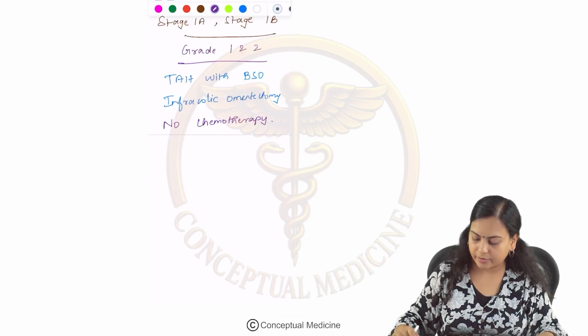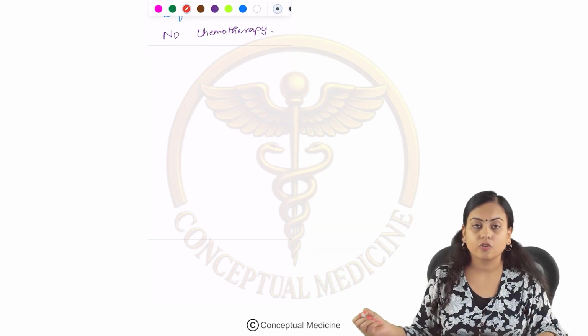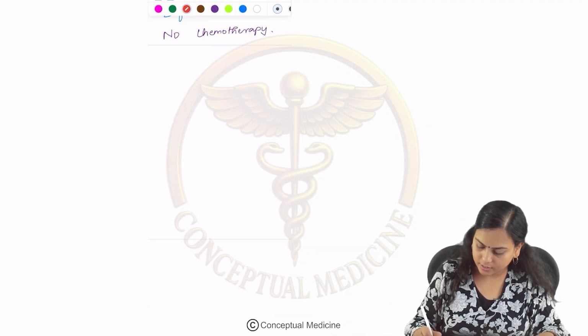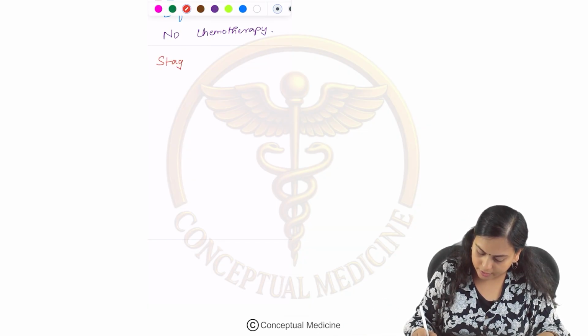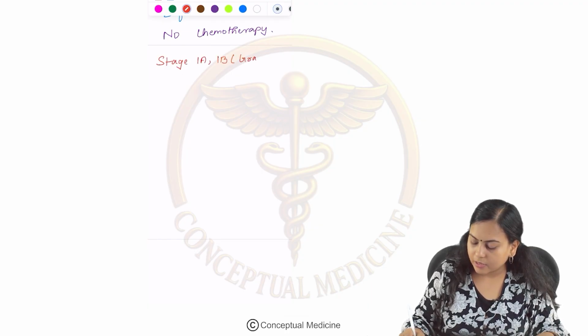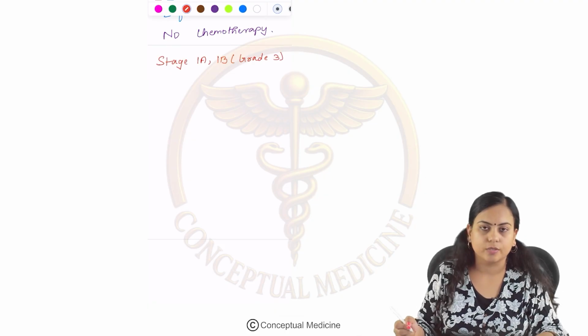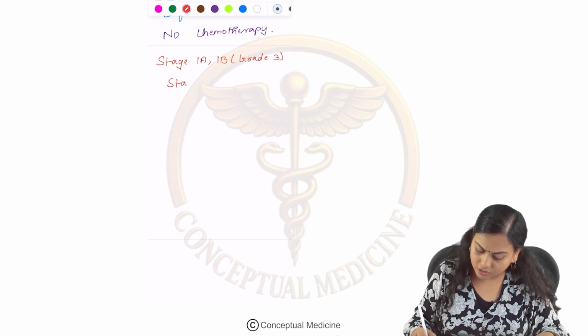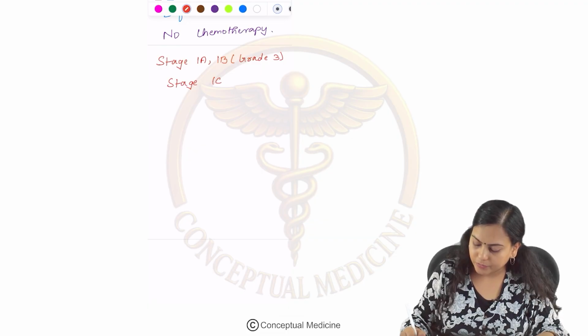Okay, that's why I specially mentioned it, and there is no need for chemotherapy in these patients. Clear? Right. Now, the next set of stages we are going to discuss is stage 1A, 1B, where they are of grade 3, that is high grade tumor, or stage 1C or stage 2.